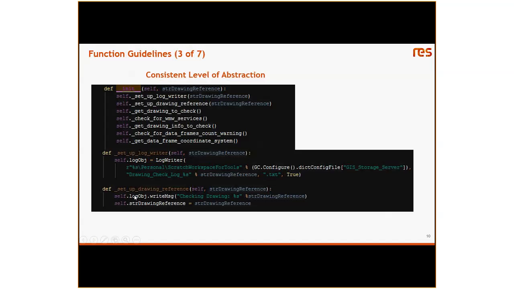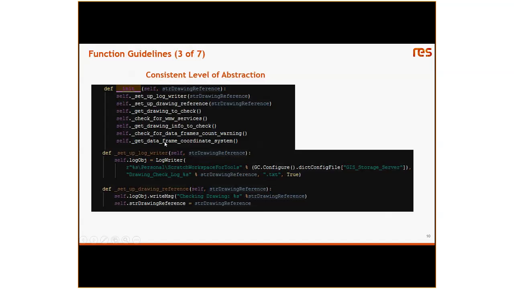Similarly, we've moved one of the writing messages to the log and the creation of that member variable. We've moved those down into a separate setup drawing reference subfunction, and then we've got other calls to get some details, check them, get some other details and check those, and then get the data frame coordinate system at the end.